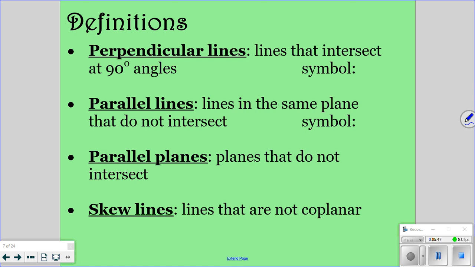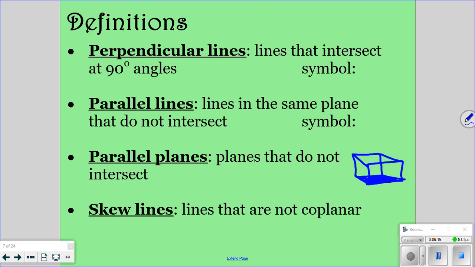So if you have a three-dimensional figure, we're going to take the bottom here and look at that plane right there.